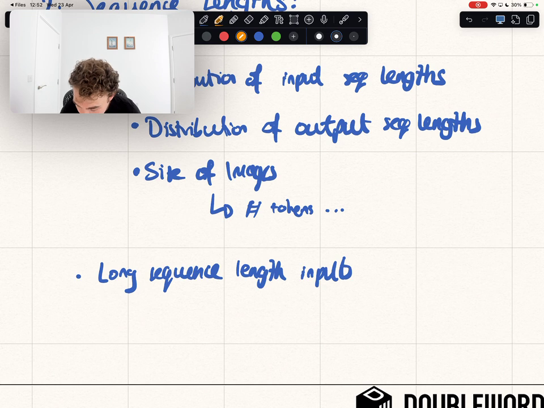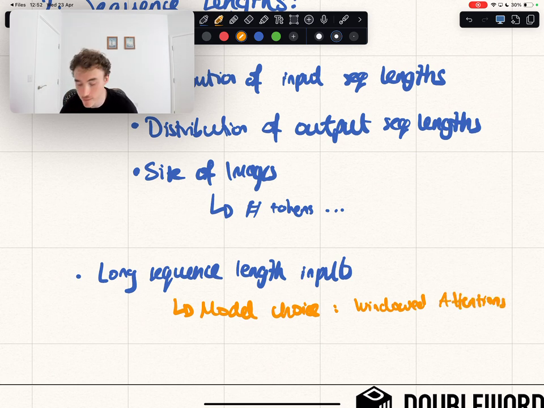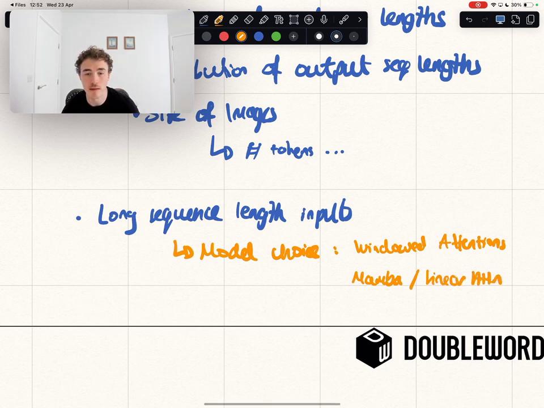It might affect your model choice. Maybe in order to have greater capacity in your system, you're going to pick a model that supports window attention patterns so that the long sequence lengths take up fewer tokens in your KV cache. Maybe you're going to choose a Mamba or other linear attention model in order to get faster processing times for your long sequences.